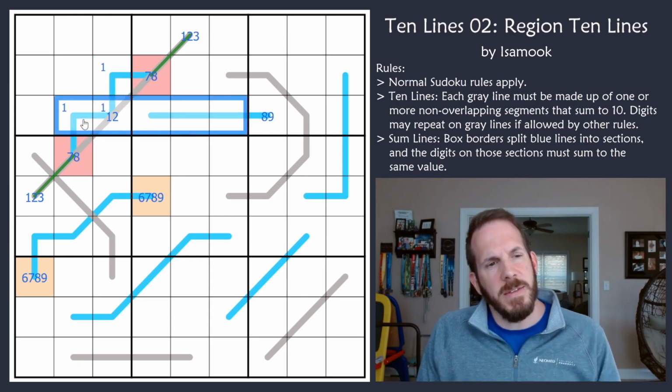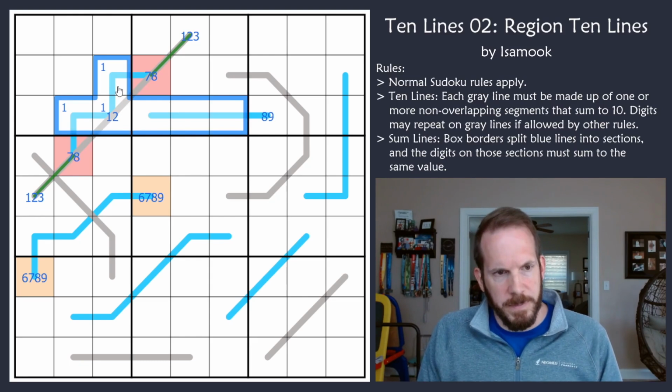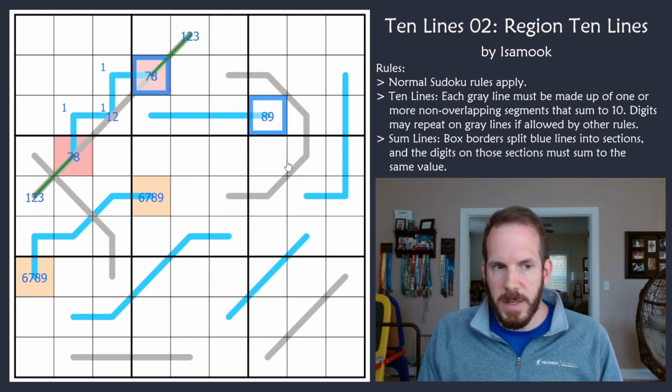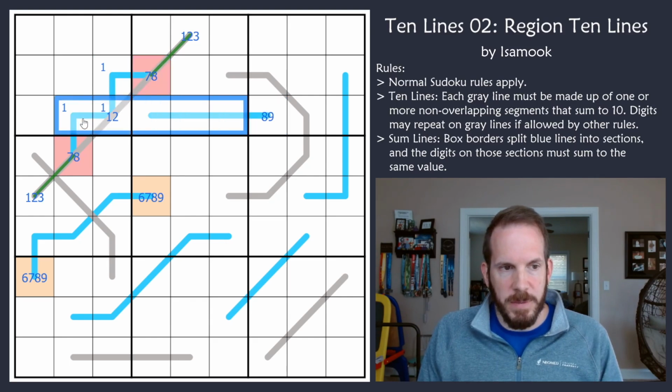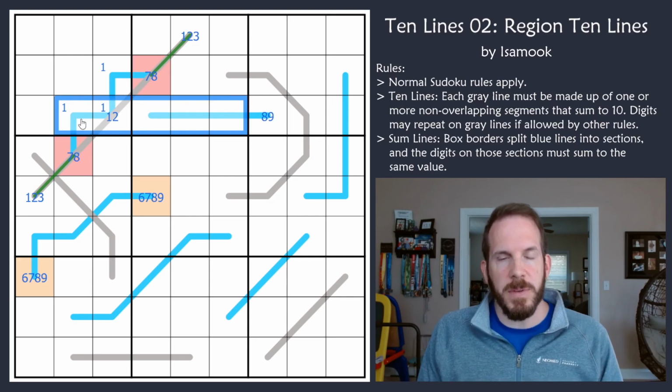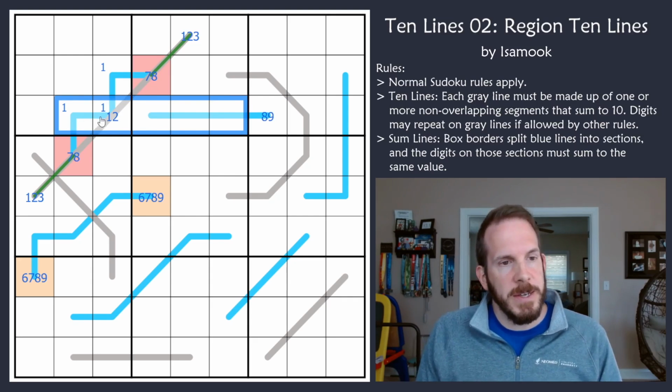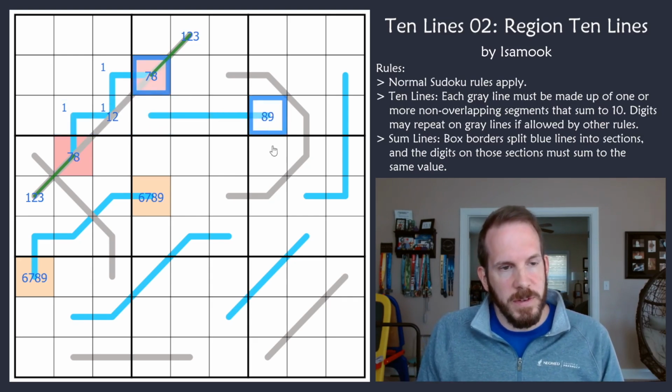Okay, so we said that this has a minimum sum of 16, but it also has a maximum sum of 17. So we've only got 1 degree of freedom here. So for example, let's say this is minimum 15, 1 plus 2 plus 3 plus 4 plus 5. These two cells can be an 8 and a 9, summing to 17.